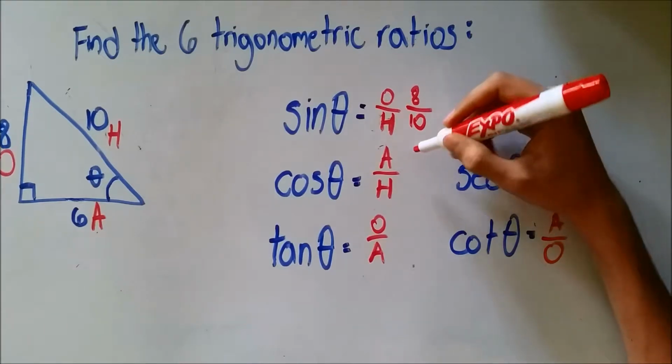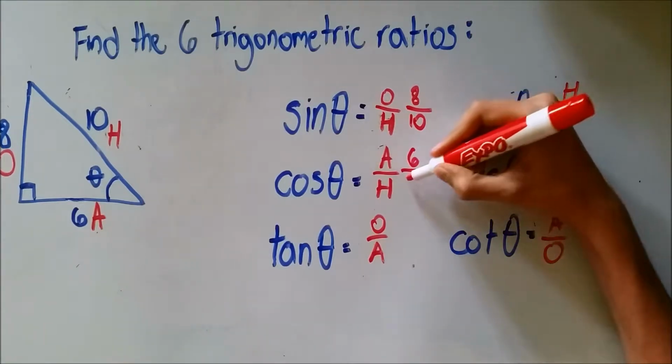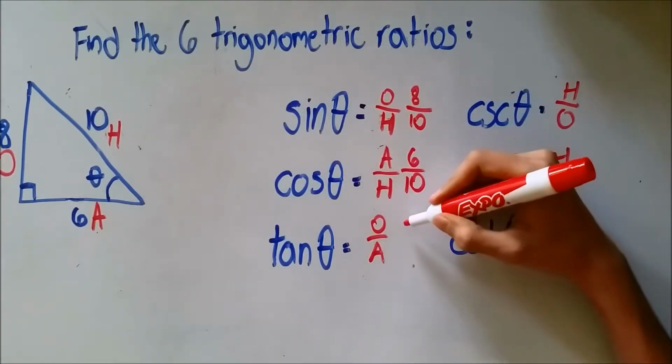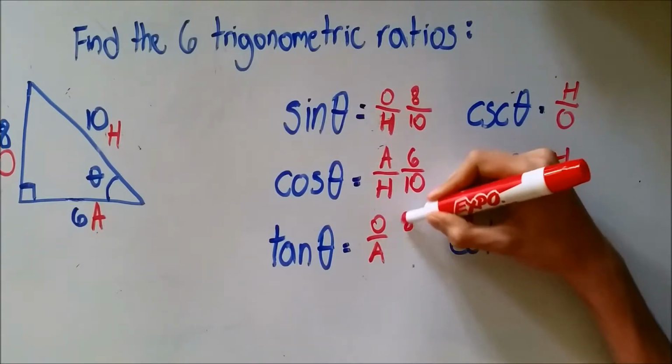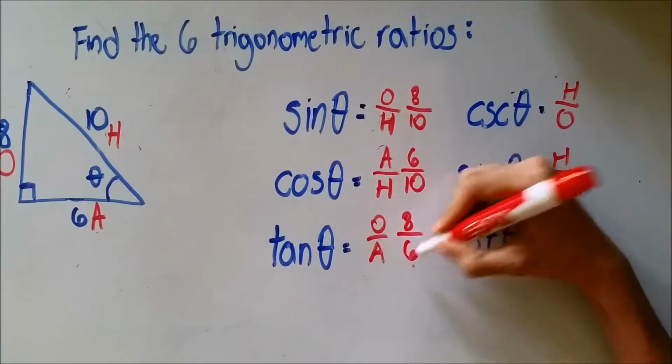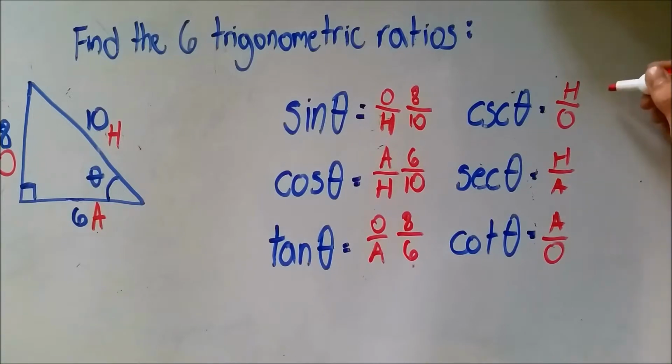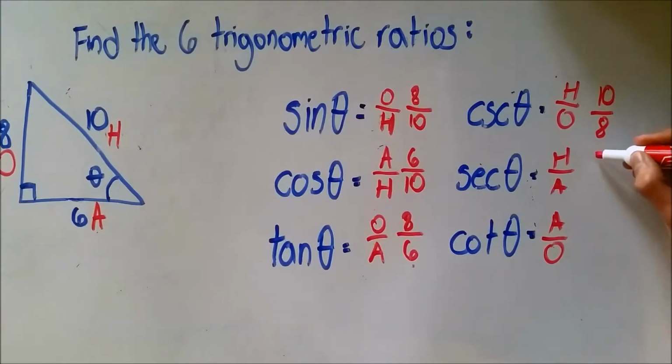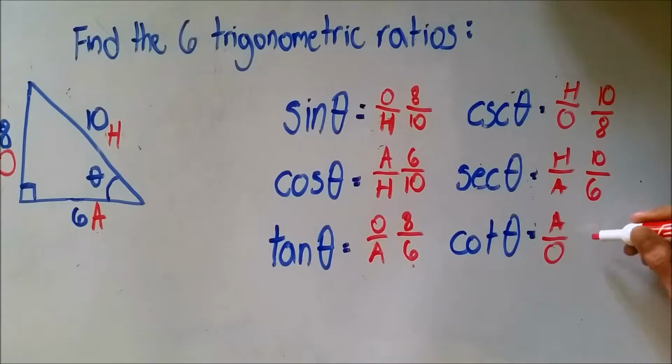For cosine, we will have 6 over 10. And for tangent, we are going to have 8 over 6. For the cosecant, we're going to have 10 over 8. For the secant, we're going to have 10 over 6. And for the cotangent, we're going to have 6 over 8.